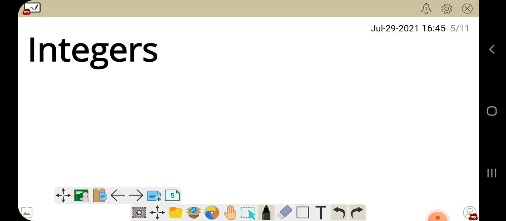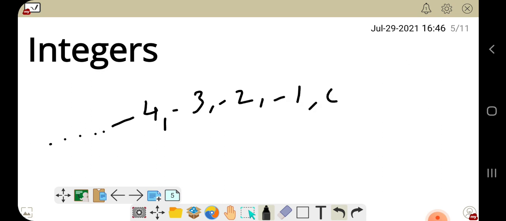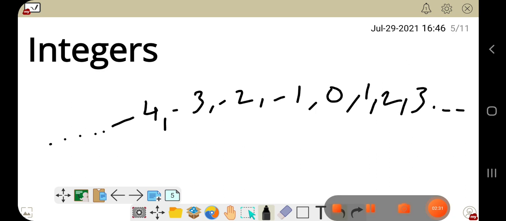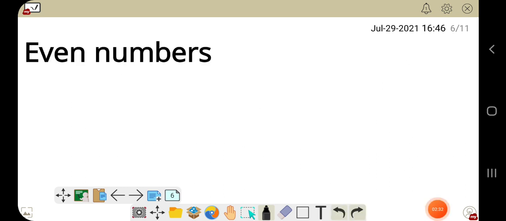Integers are the numbers negative as well as positive including 0. I mean to say all the negative numbers -4, -3, -2, -1, -5, -6 and goes on. And again here 0, 1, 2, 3 and goes on. So all these numbers are called as integers.